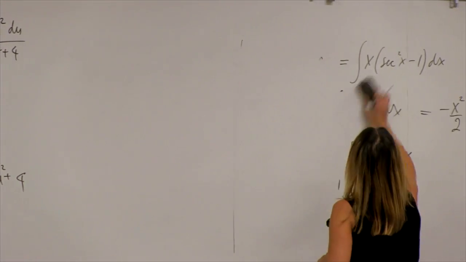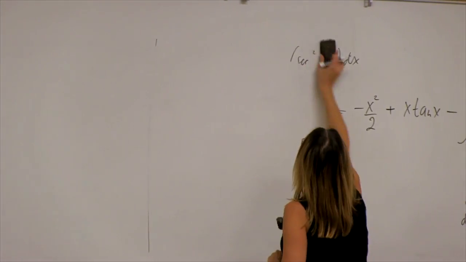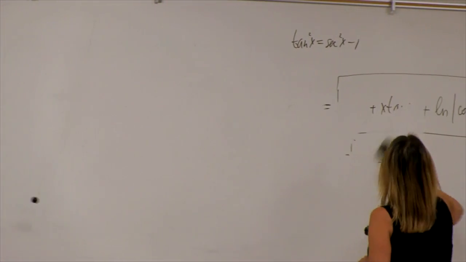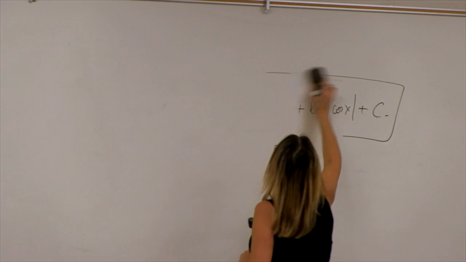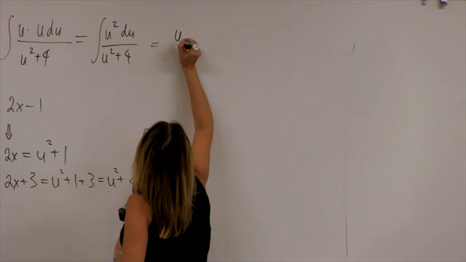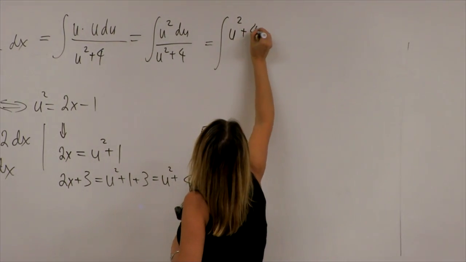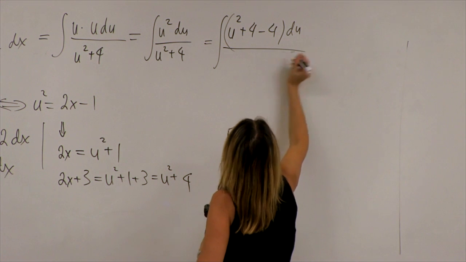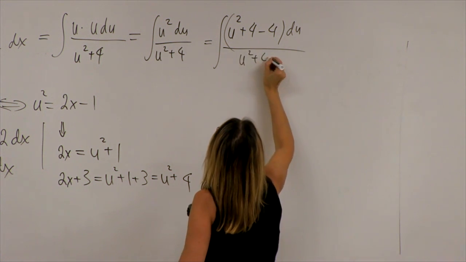You can simplify it a little bit by one simple manipulation. I'm going to say that the numerator is u squared plus 4 minus 4, du over u squared plus 4.